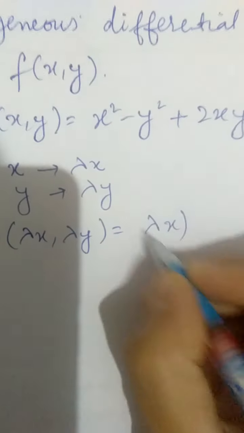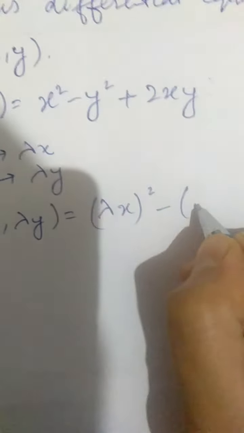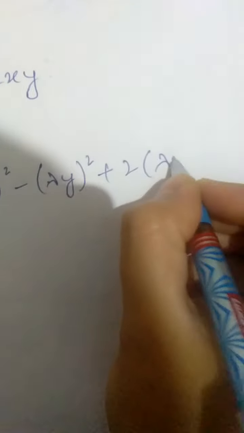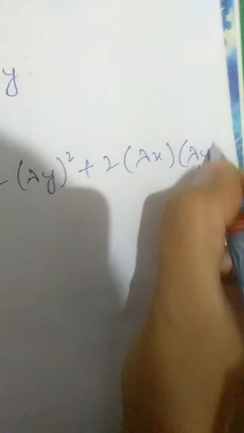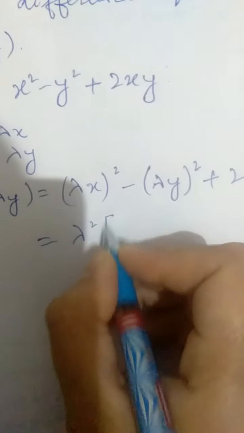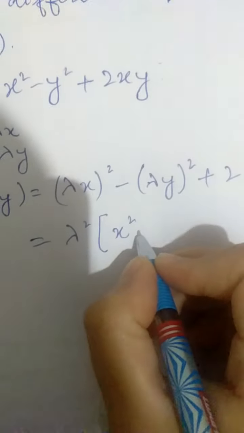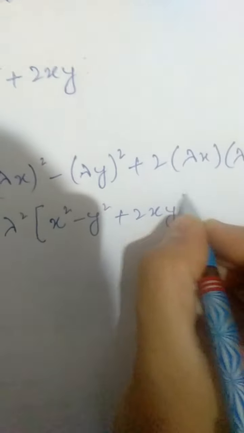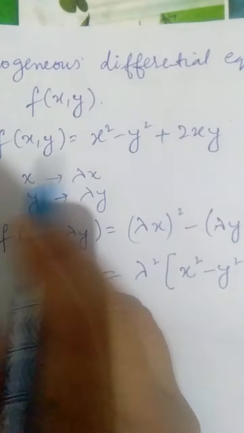So it is lambda x square minus lambda y square plus twice lambda x lambda y. Lambda square can be taken common throughout and we are left with x square minus y square plus 2xy, which is the original function f of x y.